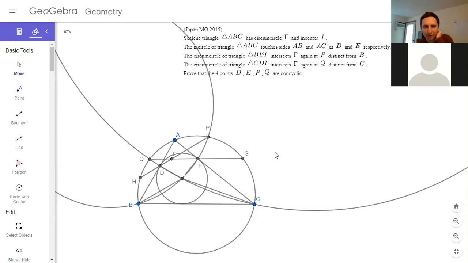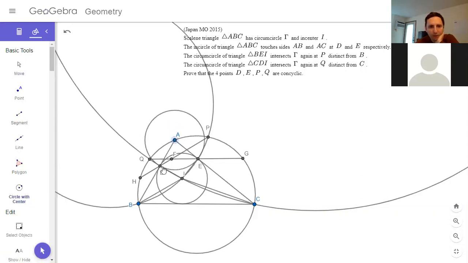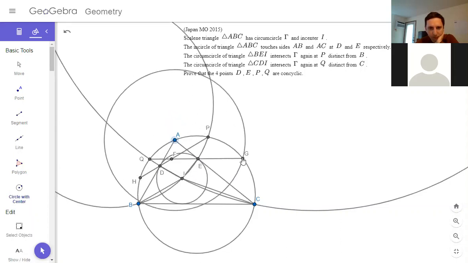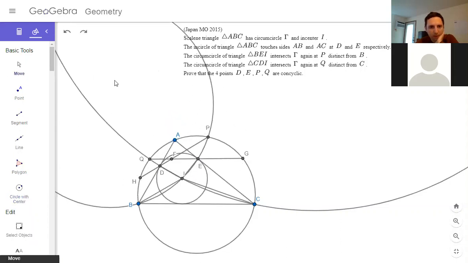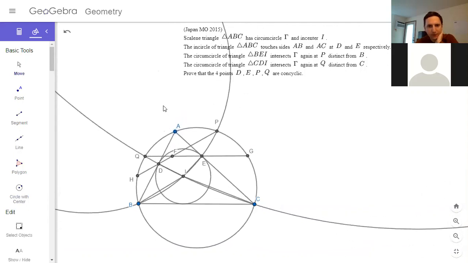Wow, this is hard. Or at least it looks harder than some of the other ones. Okay, D, E, P, and Q.